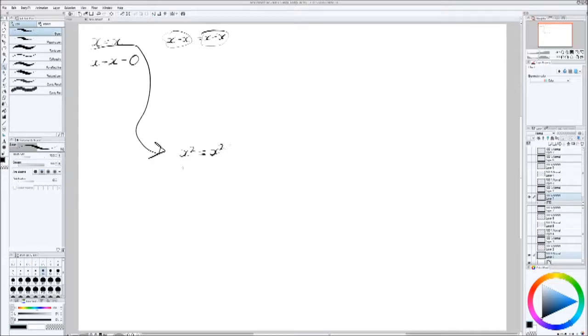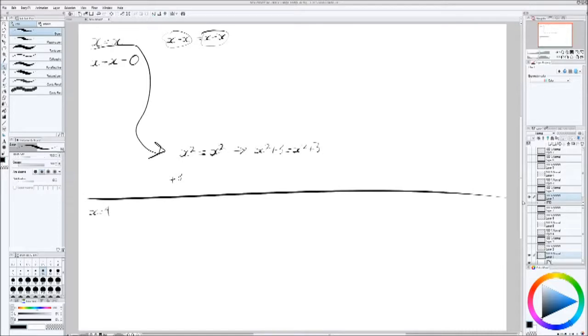I could add 3 to this, and then we end up getting x squared plus 3 equals x squared plus 3. All of this is still correct. I can do whatever I like as long as I keep it the same on both sides, and this applies with numbers. So let's say we make x equal to 4.